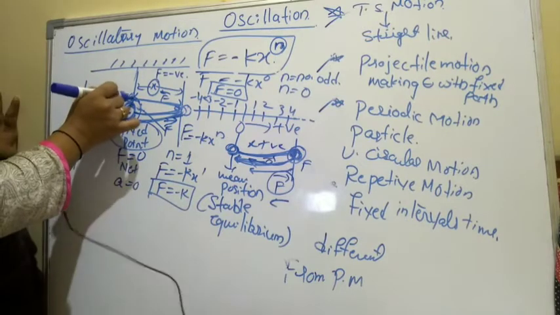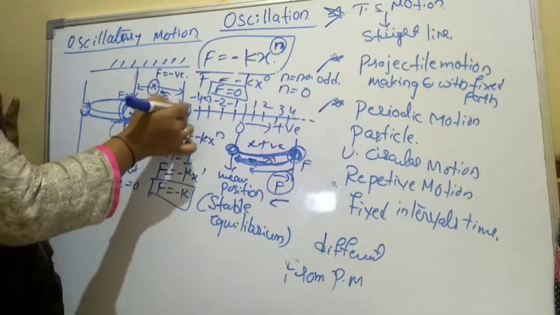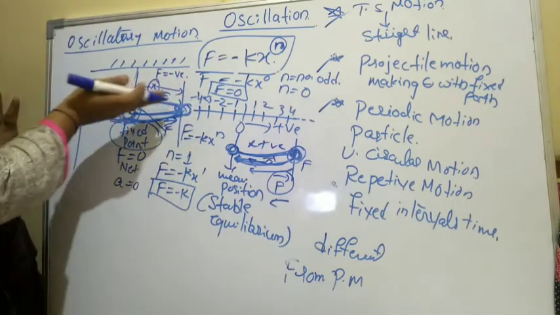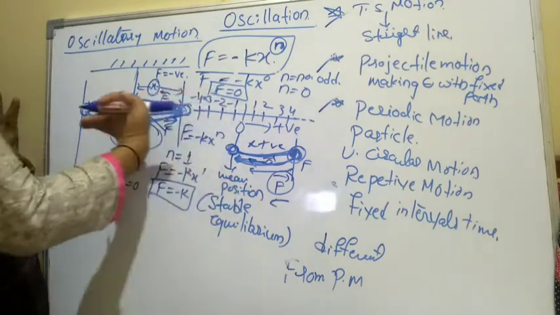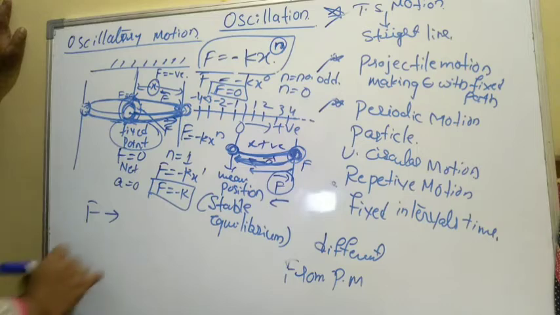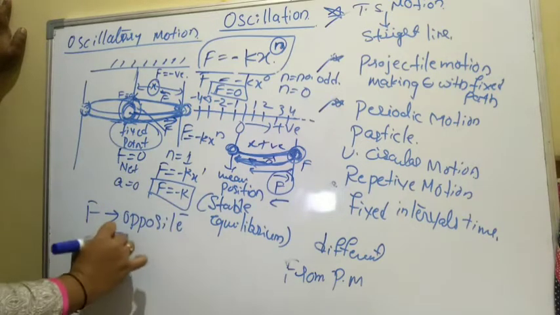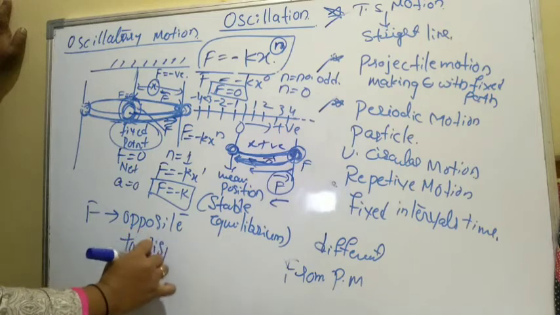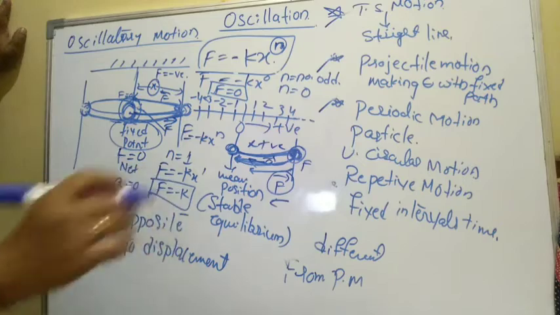The body is trying to move in this direction, from the mean position to one extreme position, but the force acting on the body is directed towards the mean position. So I can say that the force acting on the body is opposite to the displacement. So one more concept comes here: opposite to the displacement.